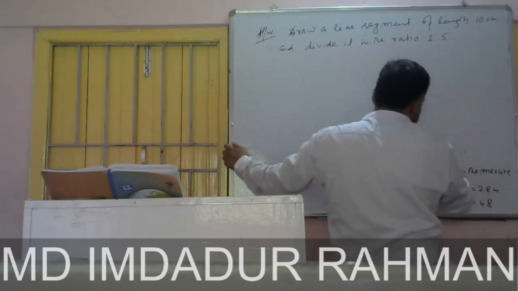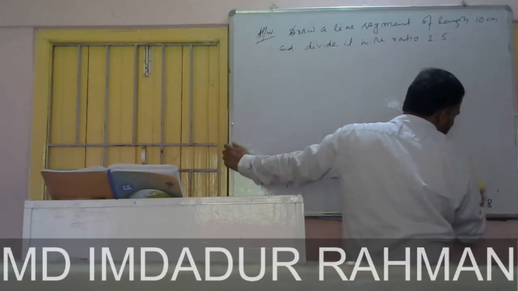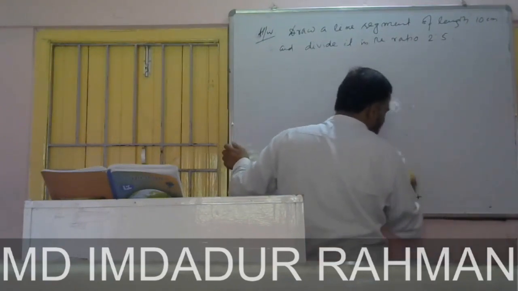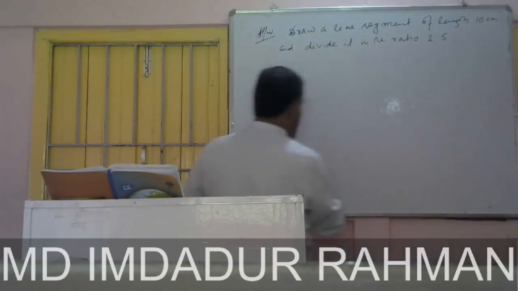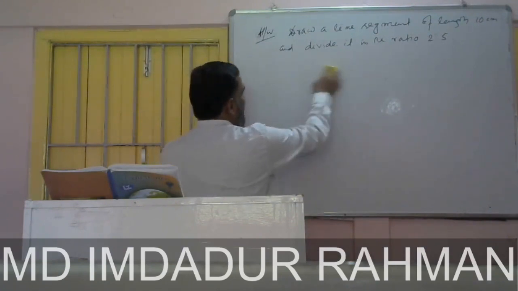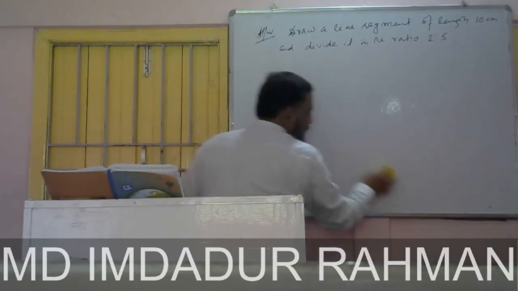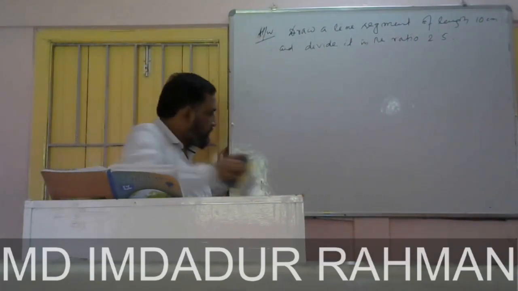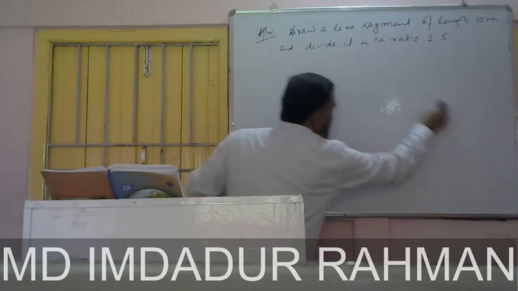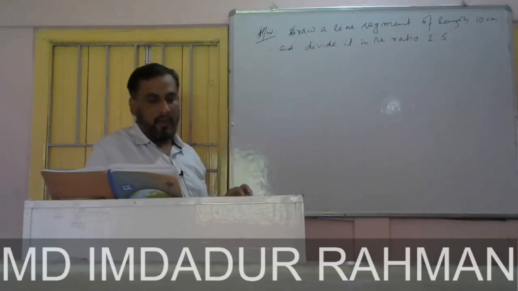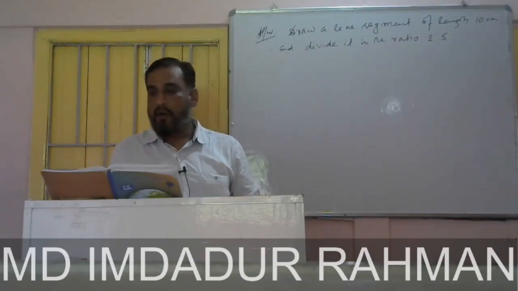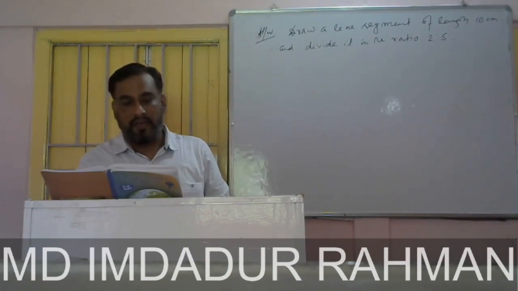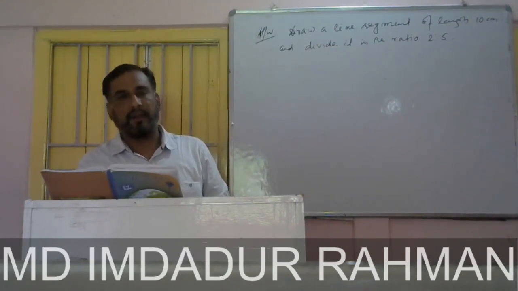We will draw another triangle with the said measurement. Okay. So here we have to draw a triangle of sides 4 centimeter, 5 centimeter and 6 centimeter.